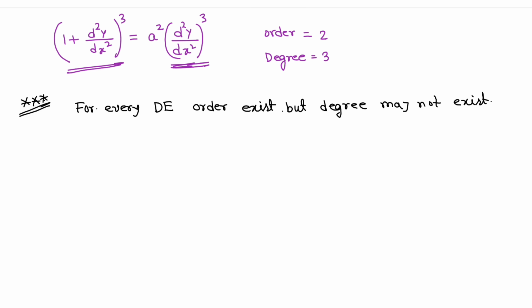For every differential equation order always exists, but degree may not. It is not necessary that degree always exists. Okay, why? There are some special types of equation. For example, how can you identify whether degree exists or not for a particular differential equation?